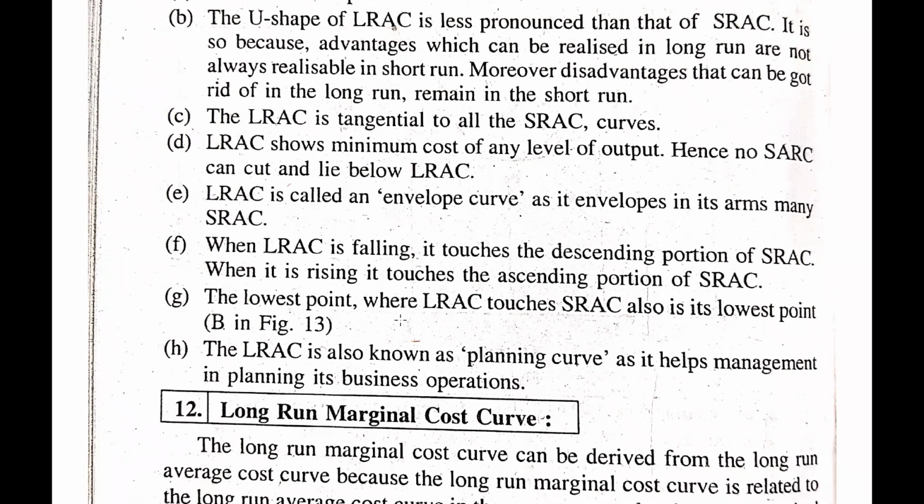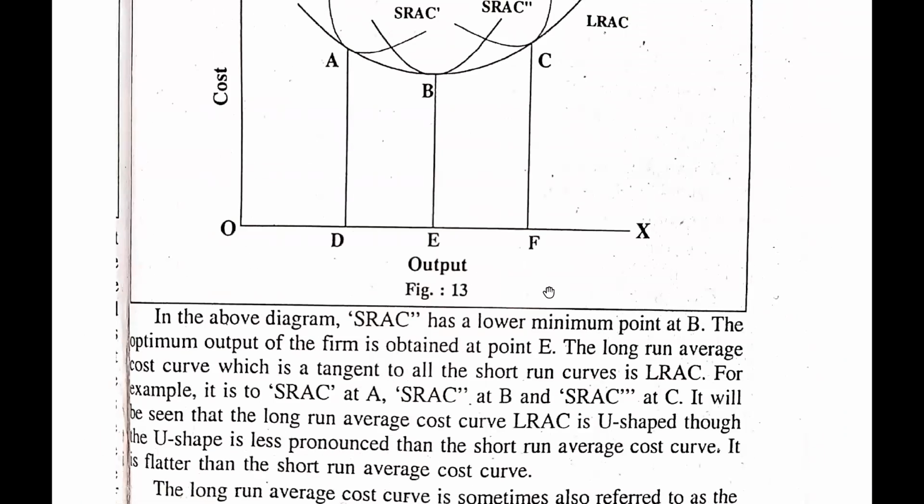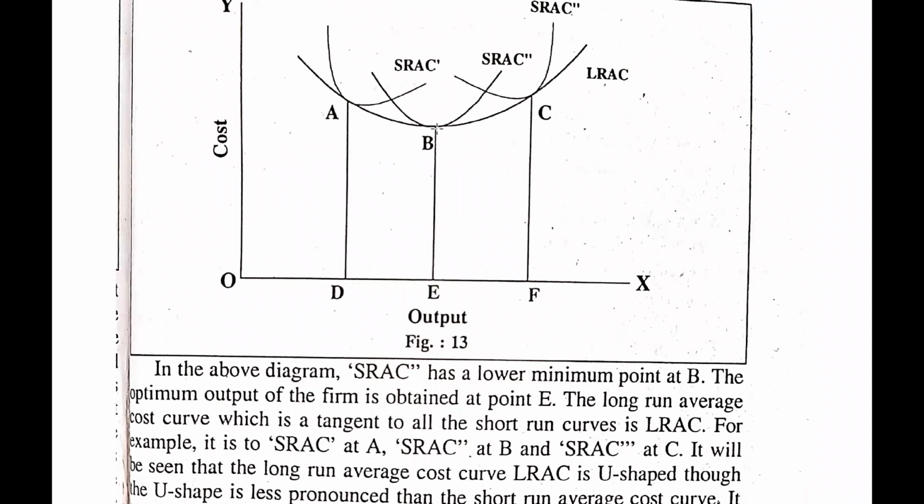Now we will see further: when long run average cost is falling, it touches the descending portion of short run average cost. When it is rising, it touches the ascending portion of short run average cost. Then, the lowest point where long run average cost touches short run average cost is also its lowest point, B in figure 13. It will be at B because when the company produces this much production, it will occur at very low cost.